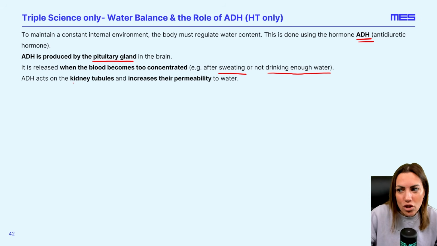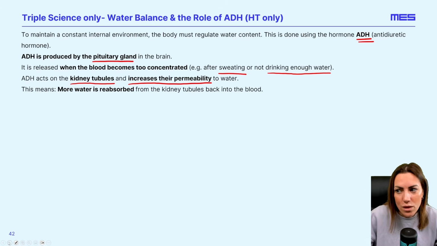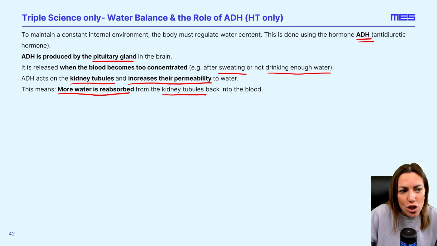It will travel in the bloodstream to the kidneys and it will act on the kidney tubules. It will make them more permeable to water so that more water gets reabsorbed from the kidney tubules back into the blood. Okay, so sounds complicated, but you can massively simplify this.